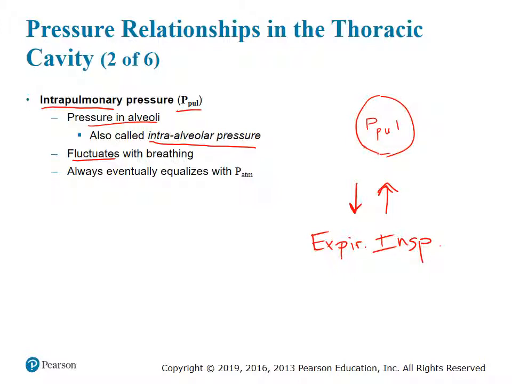As we breathe in and out, it's always going to eventually equalize with atmospheric pressure. So when we expire, it will equal the pressure outside in the atmosphere, which at sea level is 1 atm.